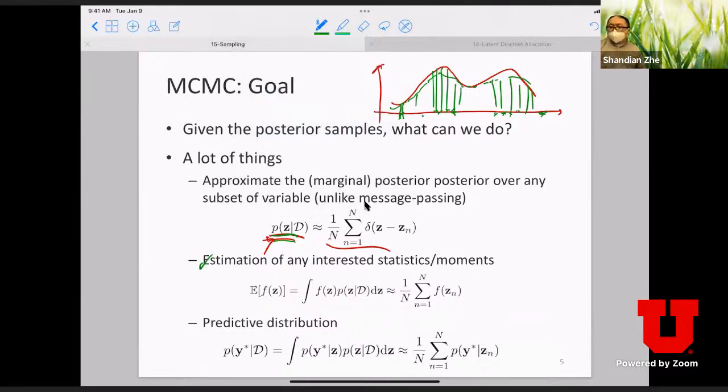And the benefit is in the following. If you want to estimate some statistics or moments, like if I want to know what is the expectation of this under the posterior distribution, what's this?